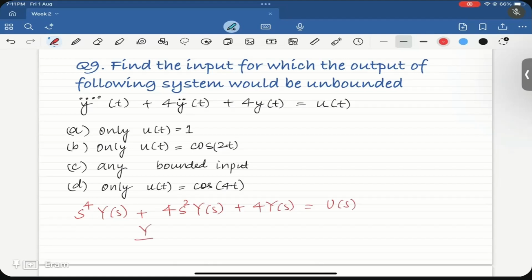So Y by U we can write as 1 by s⁴ + 4s² + 4. Okay. So what are the poles of the transfer function? Plus and minus root 2j.